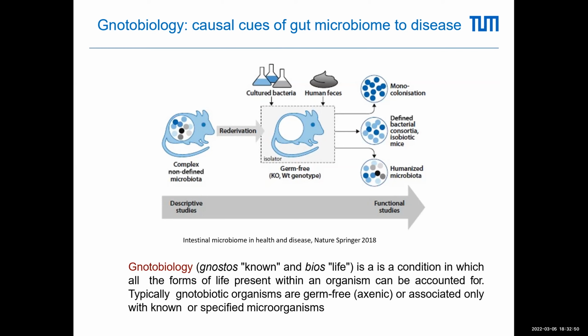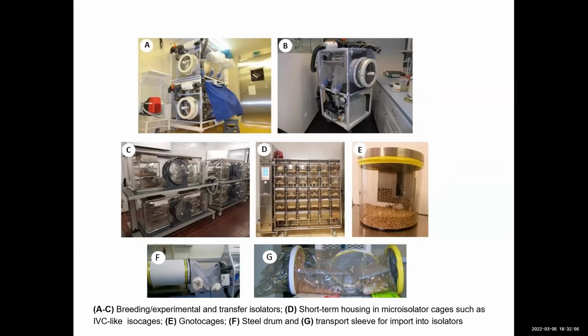So I can show you now a picture of what a germ-free facility looks like. And this is the germ-free facility that we have at the Technical University in Munich. And this is one of the very few germ-free facilities across Europe.